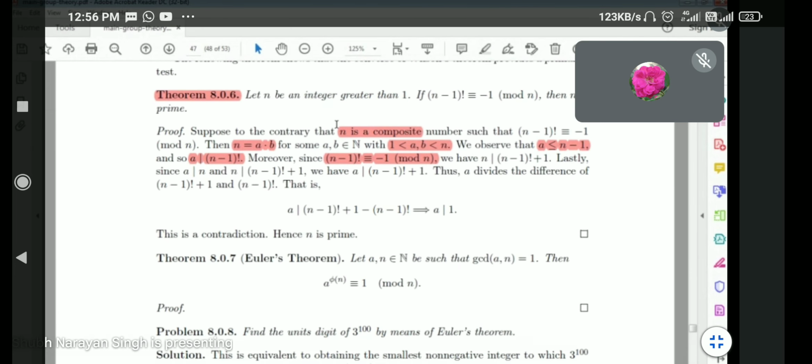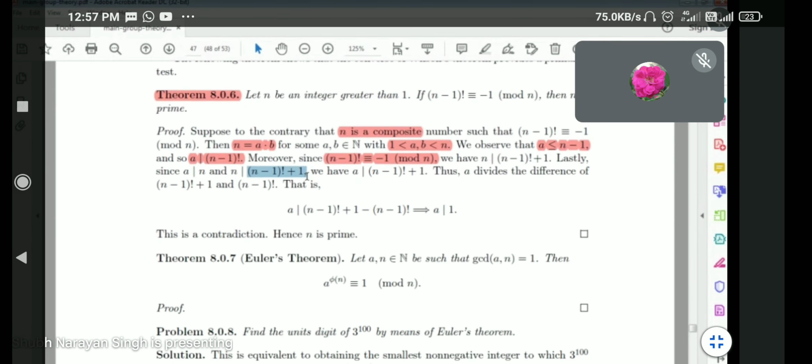So see, now think about it: your n can be written as a times b. That means a divides n and also b divides n, but we are only using the a character. So a divides n and n divides this quantity.